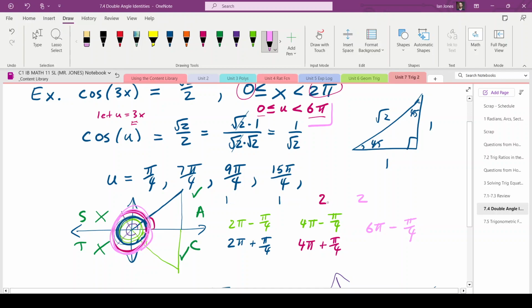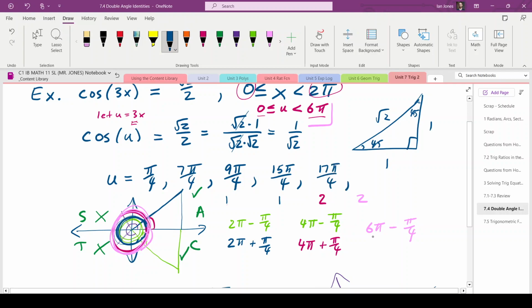This little number here is to show how many full circles I have. I have a full circle plus a pi over 4, a full circle plus a bunch. It's actually 2 full circles minus pi over 4. 2 full circles plus a pi over 4. That's this one here. This is 16 pi over 4 plus 1. That's 17 pi over 4.